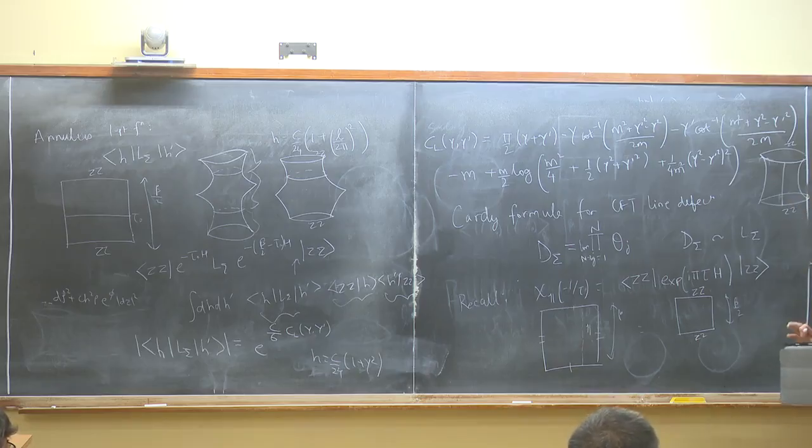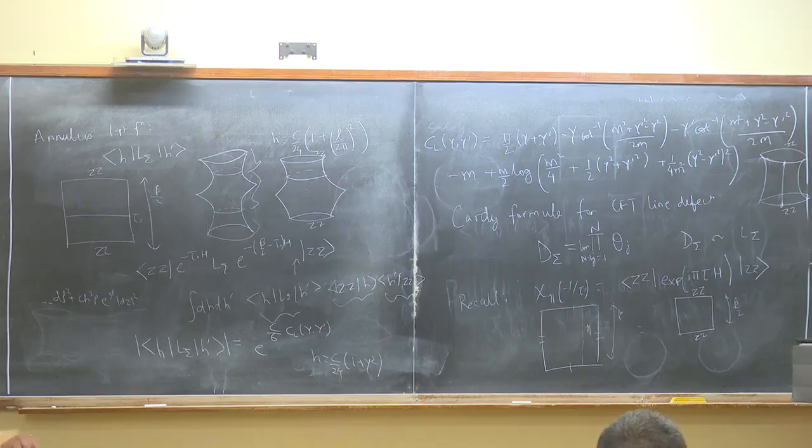So that is the result that this is showing. If you quantize Liouville CFT on this segment and impose this ZZ type of boundary conditions at the endpoints, then the Hilbert space only consists of the identity, the identity on the circle. That's the result. This is a non-trivial statement.